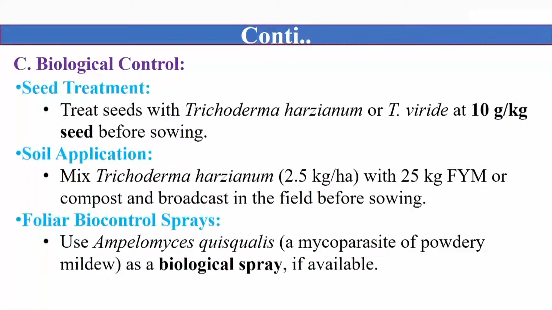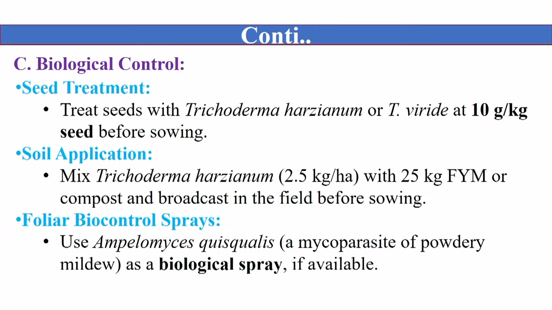And for biological control, you have to use Trichoderma harzianum or Trichoderma viride for seed treatment before sowing at the rate of 10 gram per kilogram of seed. You also have to apply Trichoderma harzianum at 2.5 kilogram per hectare with 25 kilogram FYM or any other compost, broadcast in the field before sowing.